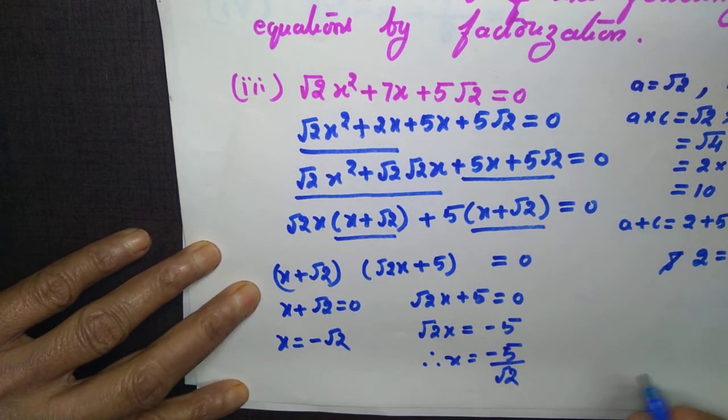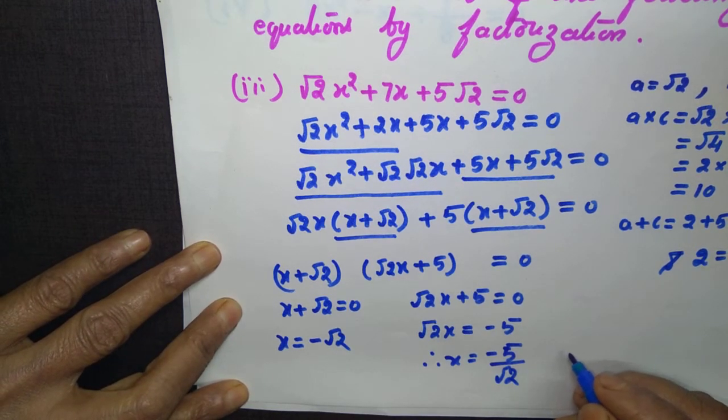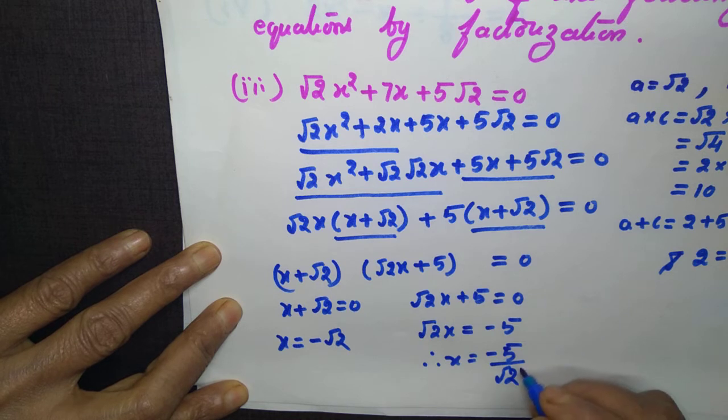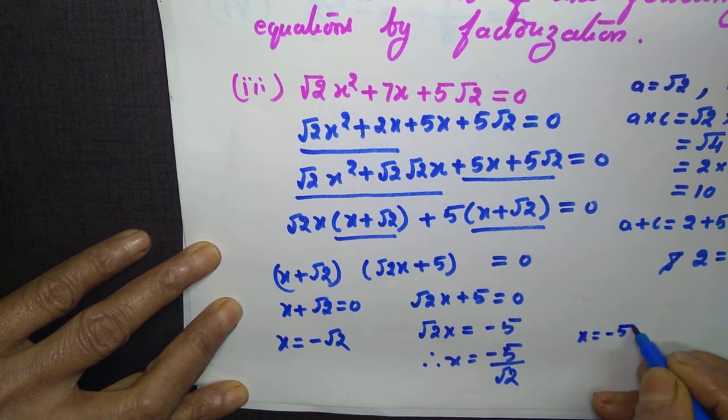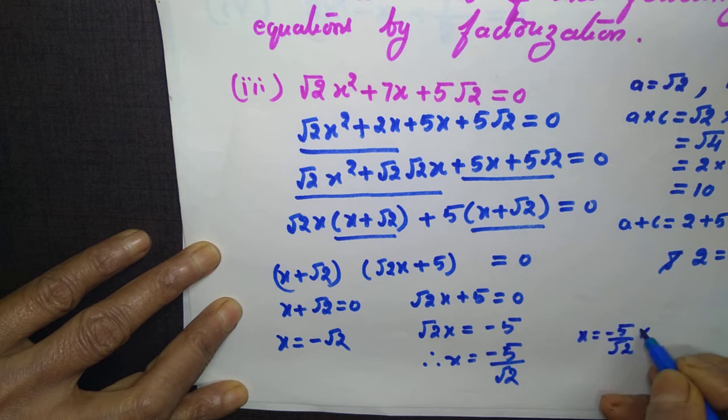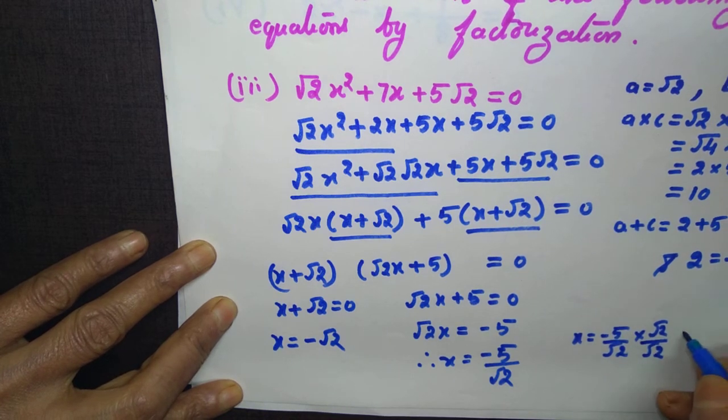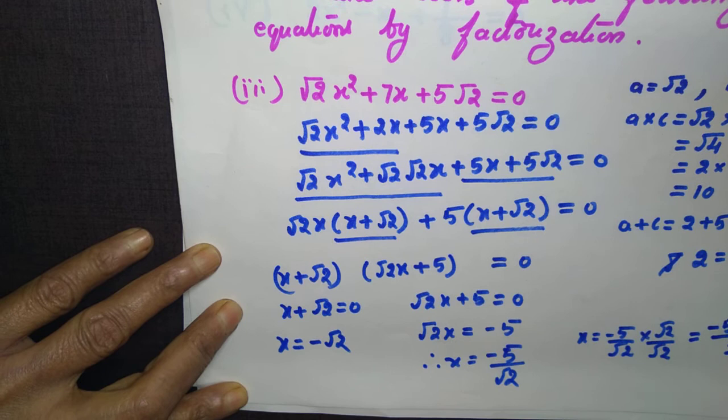After rationalizing, what will you get here? You have to multiply it by root 2 and divide it by root 2. x is equal to minus 5 by root 2, multiplied and divided by root 2, that is equal to minus 5 root 2 upon 2. These are the roots.